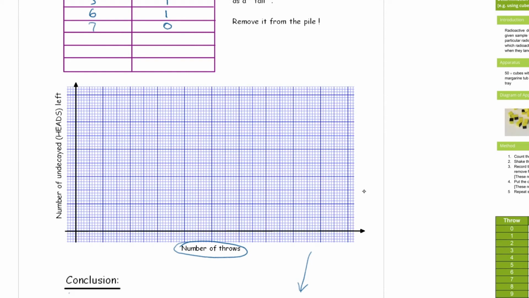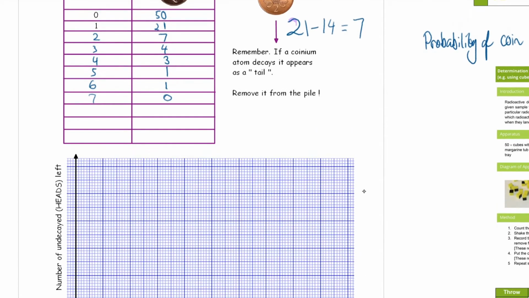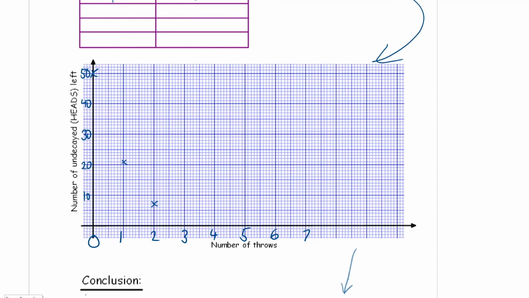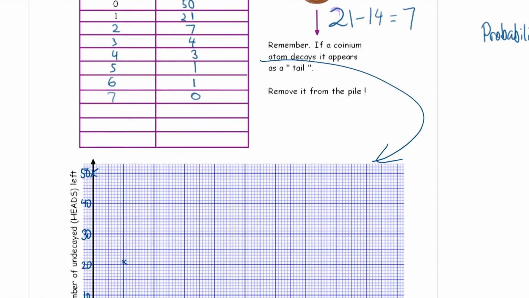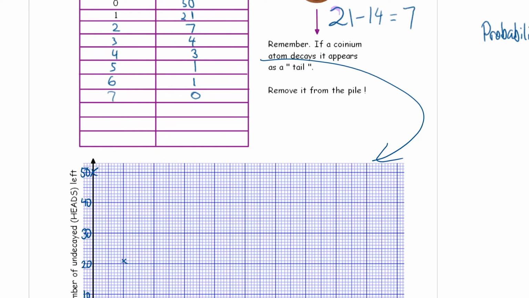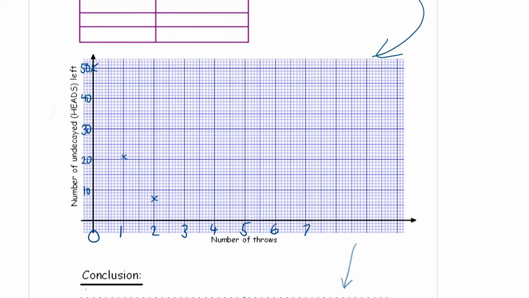Okay, so pause the video now and then plot the points from the table onto this graph. When you've completed that, press play again. I've made a quick start. I'm at the 3 throws, so I'm just taking these points here. So after 3 throws, we're on to 4.